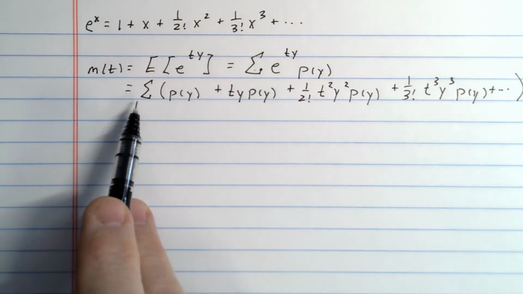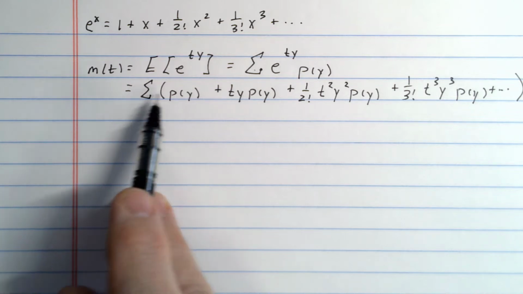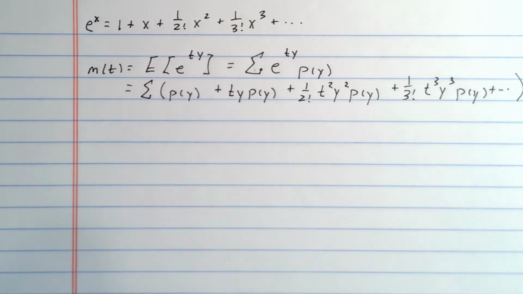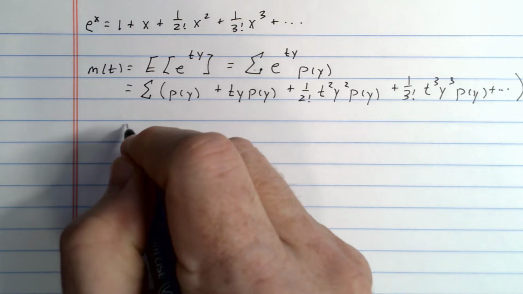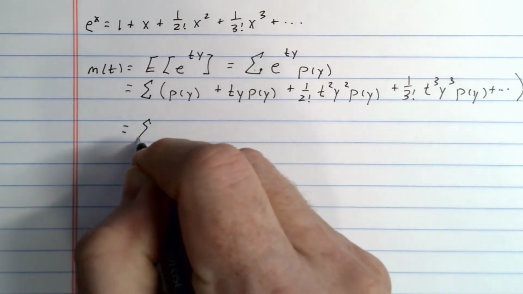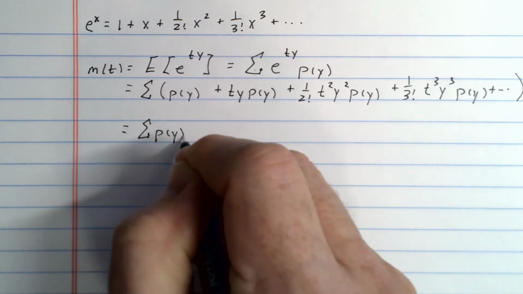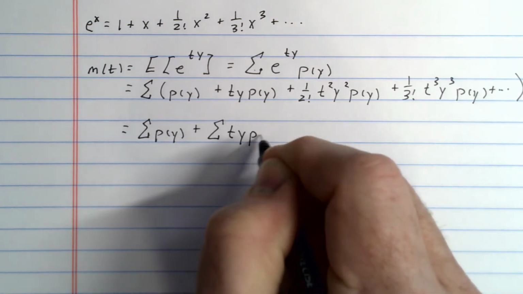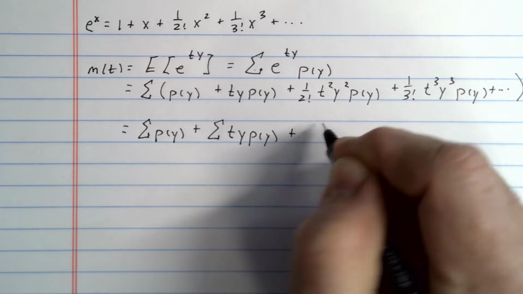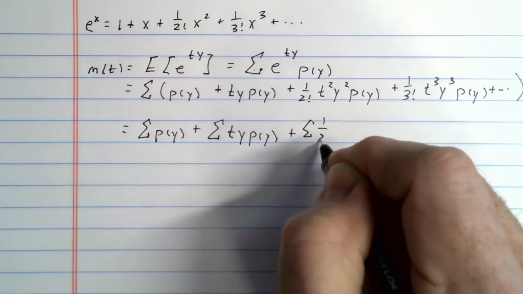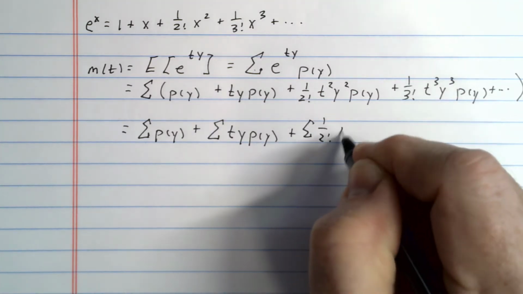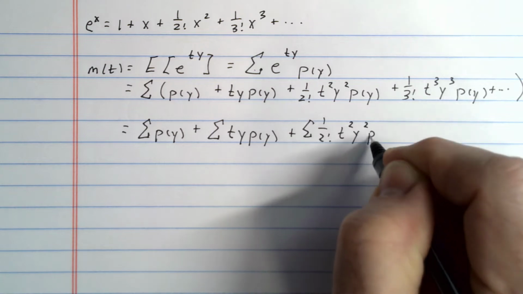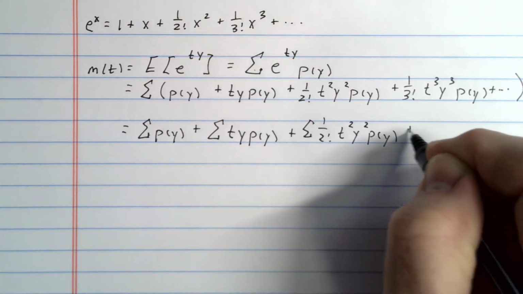Now summations are linear operations, so we can apply this to everything that's showing up in these parentheses. So this would be the summation of p of y plus the summation of t y p of y plus the summation of 1 over 2 factorial t squared y squared p of y, and so forth.